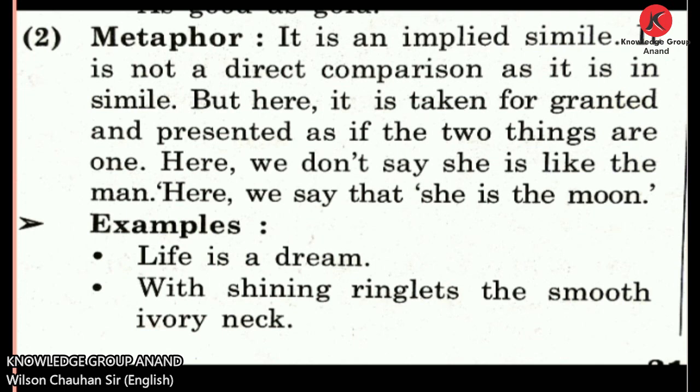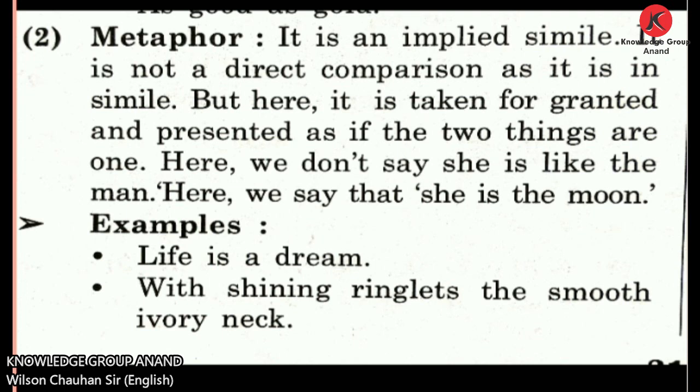Now the second example. With shining ringlets, the smooth ivory neck. You see? It is not said that the ivory neck is like the shining ringlets. No, the shining ringlets, the smooth ivory neck.